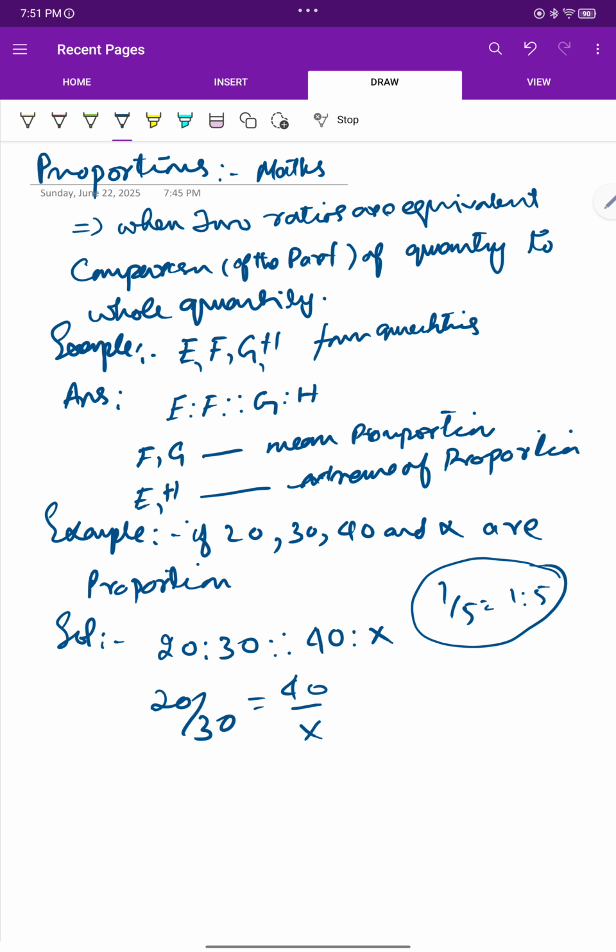By doing the calculation, you multiply this with this and this with this to find x: 40 into 30. In computers, the dot and the cross are the same; it means multiplication.